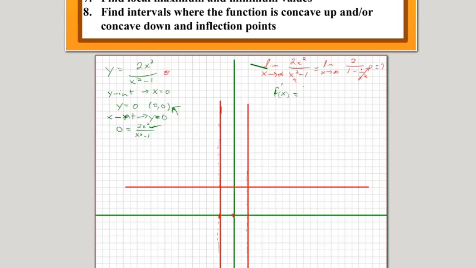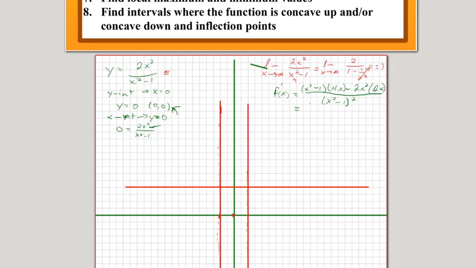So the first derivative, let's quotient rule this. I've got x squared minus 1 times the derivative of the top, which is 4x, and then minus 2x squared times the derivative of the bottom, which is 2x, all over low squared, x squared minus 1 squared.